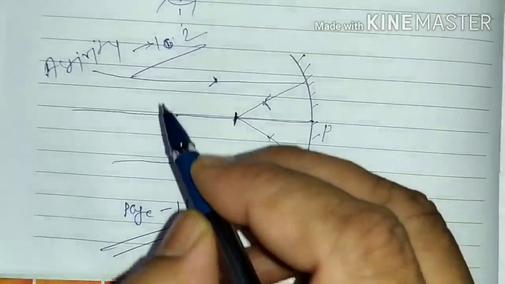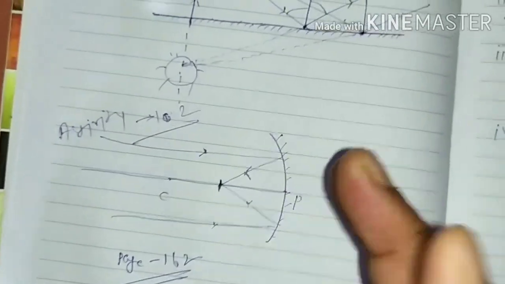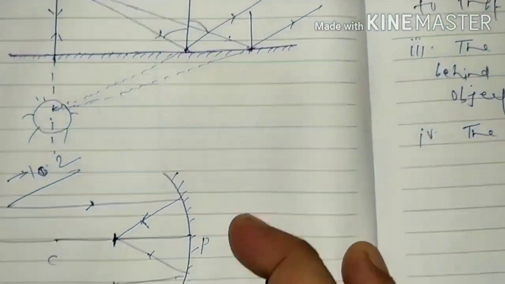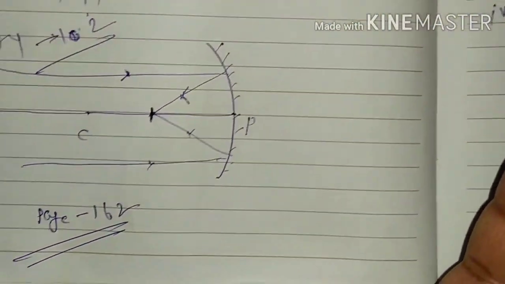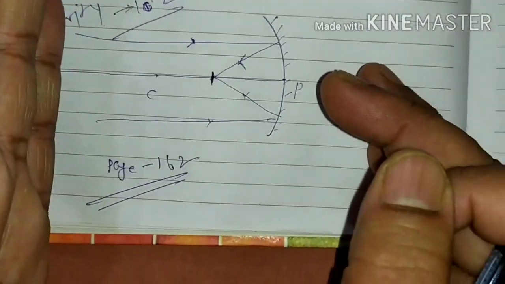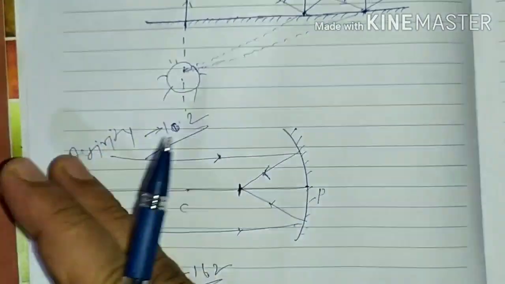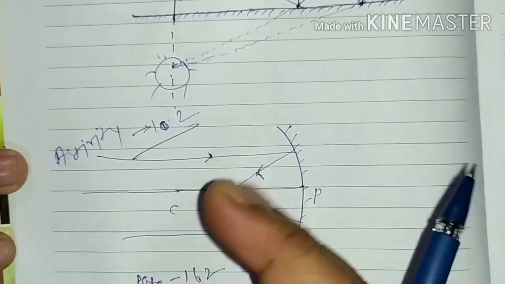So this is your activity 10.2. On page 162, in this activity, the same thing is explained: we take a concave mirror, put it towards the sun, and take a black page, and we adjust this page in forward and backward direction.